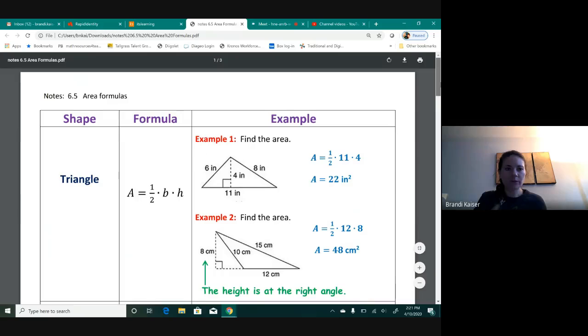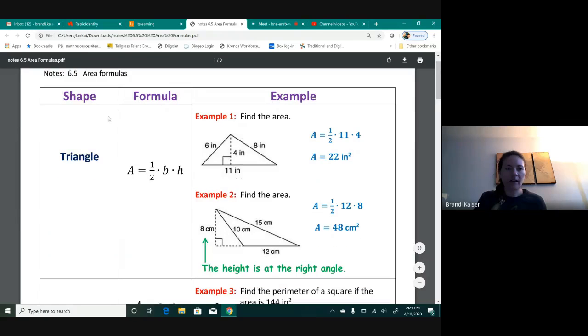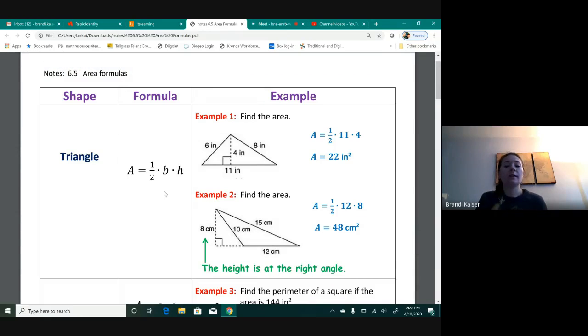So the very first one, we were looking at a triangle, which you should have definitely seen this formula before, but it's 1/2 times base times height, or you could even do base times height and divided by 2, right? Dividing by 2 and multiplying by 1/2, that should be the same thing.